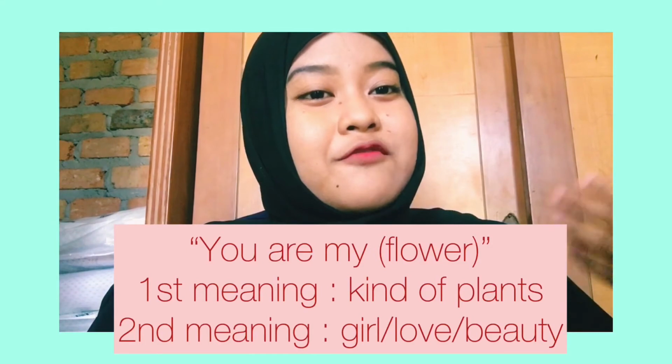Next is connotation. Connotation is similar to associated meaning. Associated meaning is the meaning based on the context. The context here is who to whom, when, where, and why. For example, you are my flower.